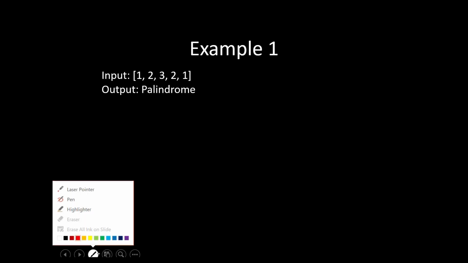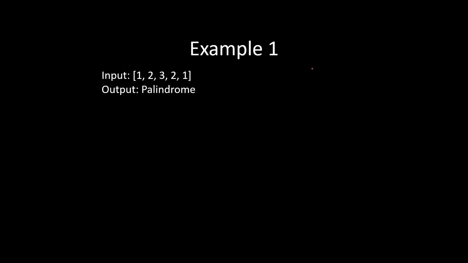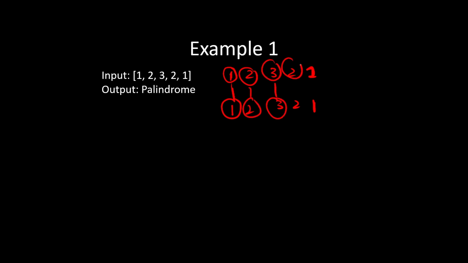So firstly, you need to know what a palindrome array is. A palindrome array is an array in which, for example, the array is given as 1, 2, 3, 2, 1. When we reverse this array, we will get 1, 2, 3, 2, 1. After this, you need to check whether these numbers are the same or not. 1 is 1, this is the same, this is also the same on the indexes: index 0 is the same, index 1 is the same, index 2, index 3, and similarly index 4 is also the same.